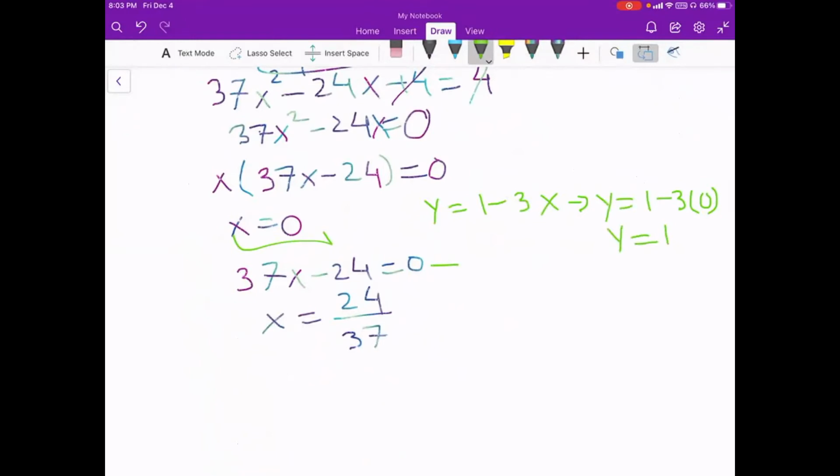And in here, if you use y is equal to 1 minus 3x, you should get y is equal to 1 minus 3 times 24 over 37. And if you simplify, you should get negative 35 over 37.